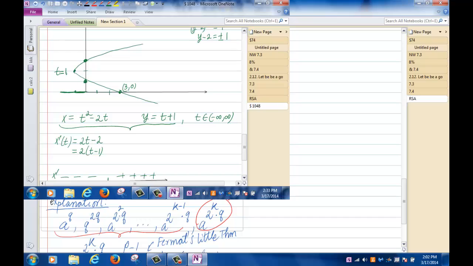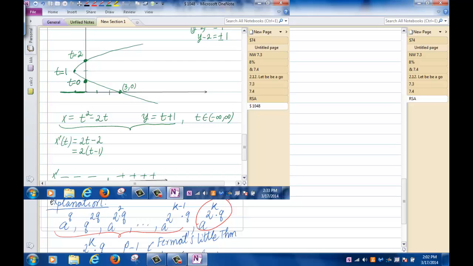Similarly, you can figure out at what time the bug is at the y-intercepts. You see that this one would be t equals 0, and at time 2 it will be at the other intercept. How do I figure that out?